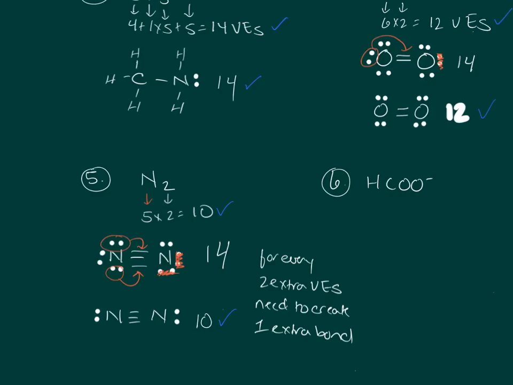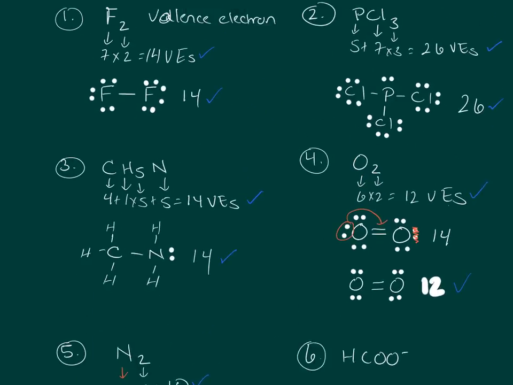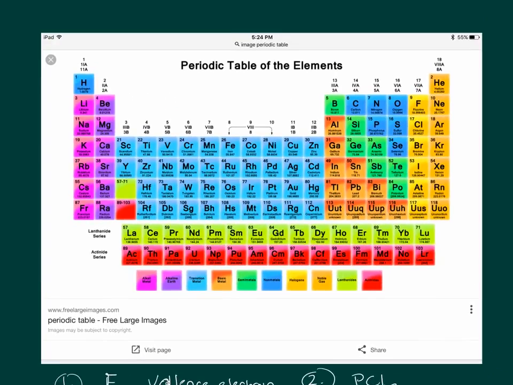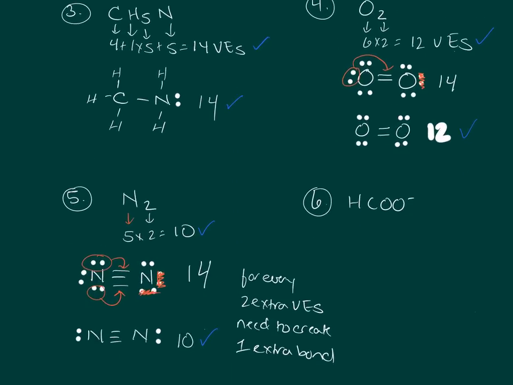So one last example, HCOO minus. So valence electron count, let's go back to the table. Hydrogen has 1 valence electron, carbon has 4, each oxygen has 6. So we'll do 1 plus 4 plus 6 plus 6 plus 1.